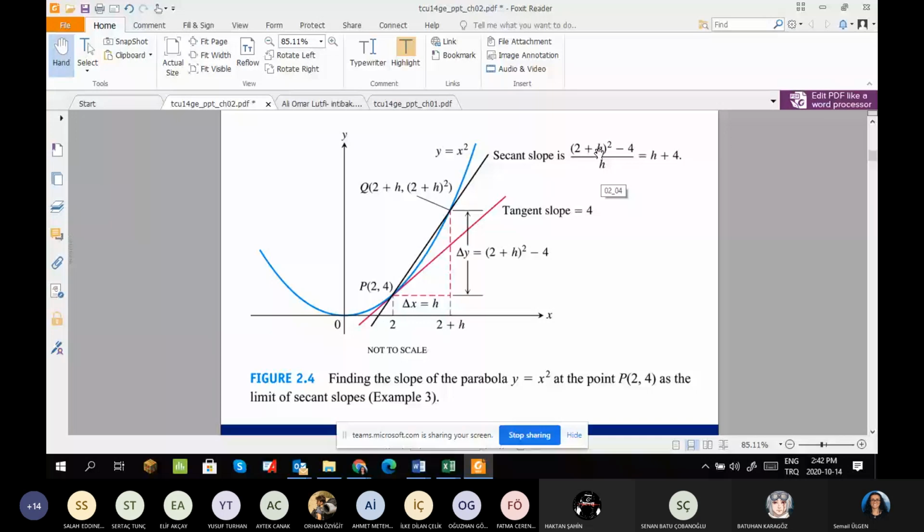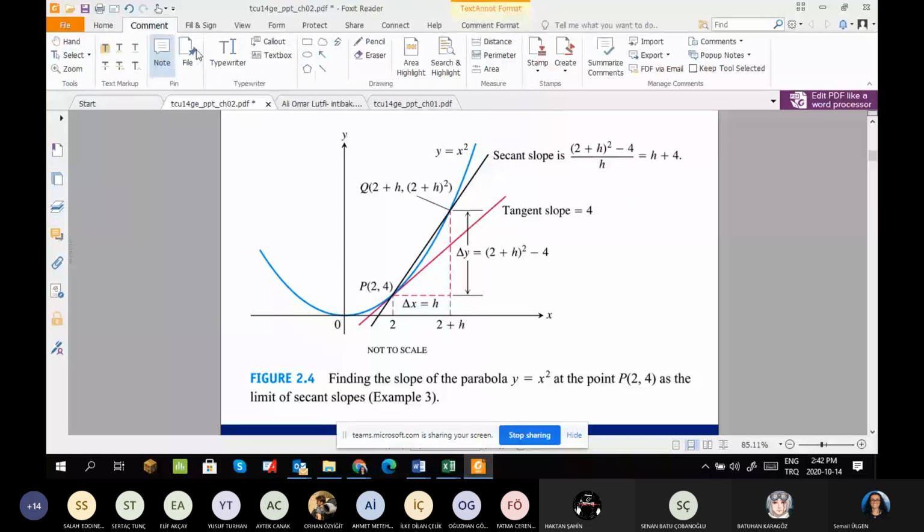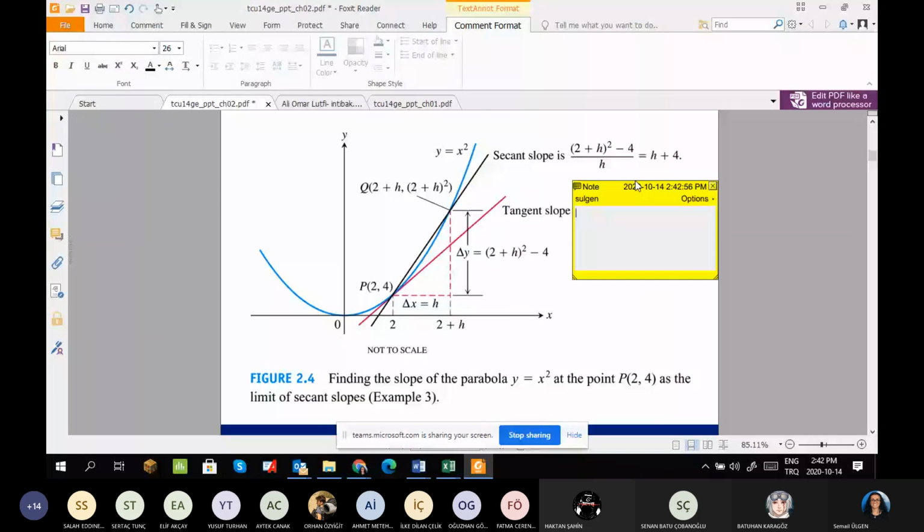Since I cannot write here, let me write it here. Writing is much better, otherwise you may not follow. So we are talking about f of 2 plus h minus f of 2.